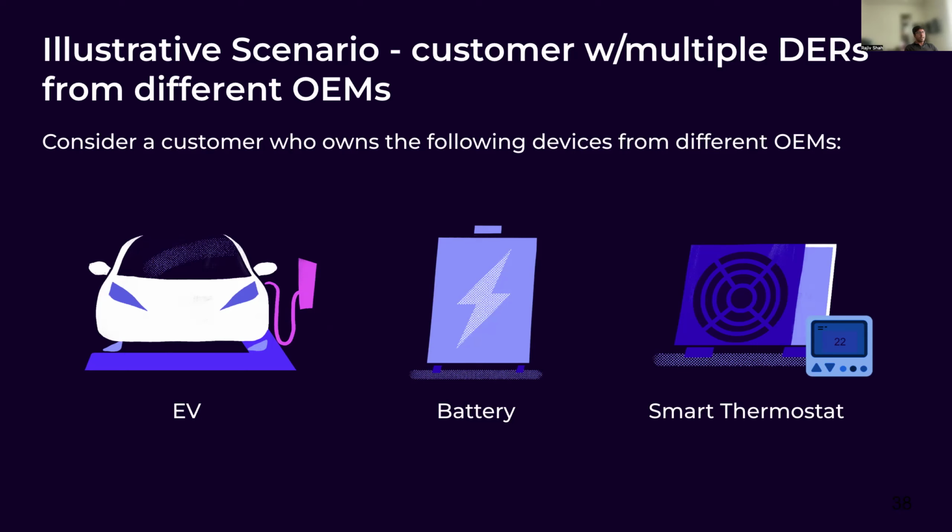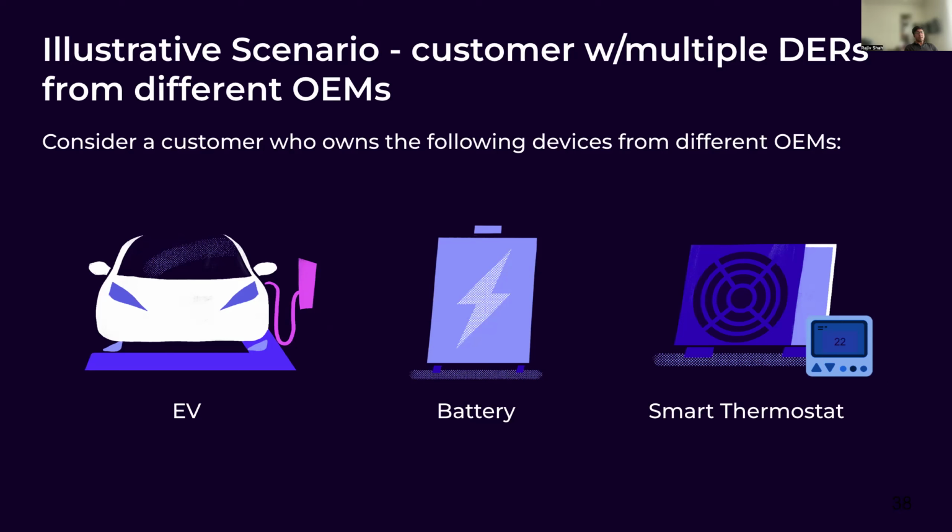Well, in Texas today, that Chevy Bolt can only be managed by a handful of retail electric providers and brought into the VPP pilot that ERCOT and the PUCT have stood up here. That Tesla Powerwall can only actually be managed by one retail provider, Tesla Electric. And that smart thermostat can only be managed by NRG due to an exclusivity arrangement they have with Nest.